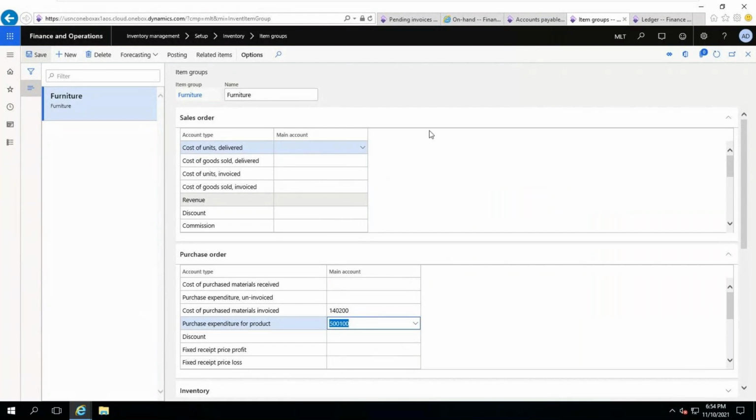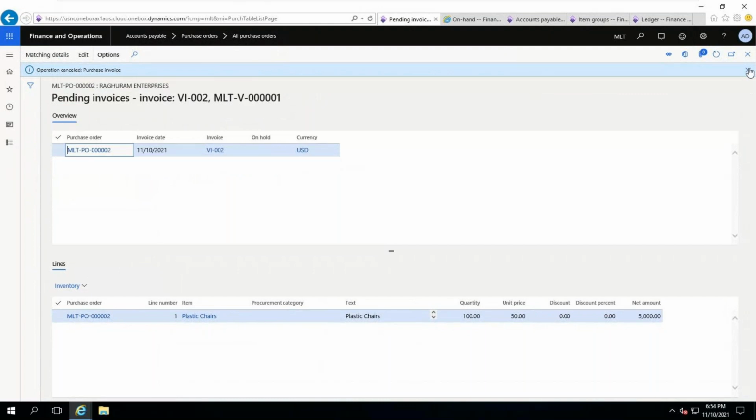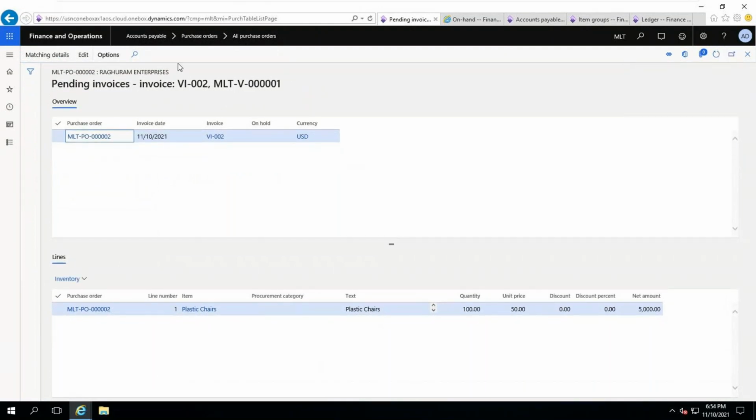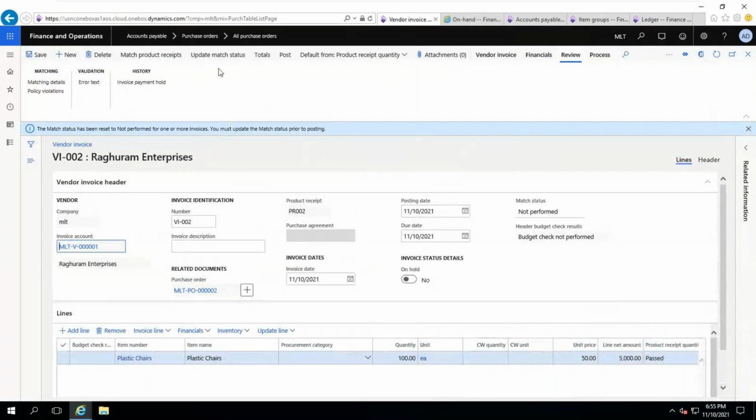Now let me go back and close these error messages. Let me click on edit. Now click on update match status.